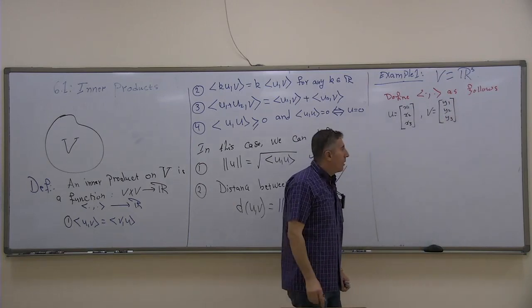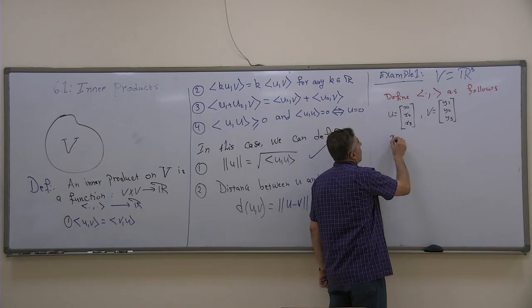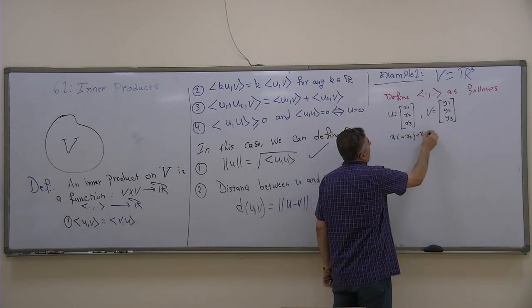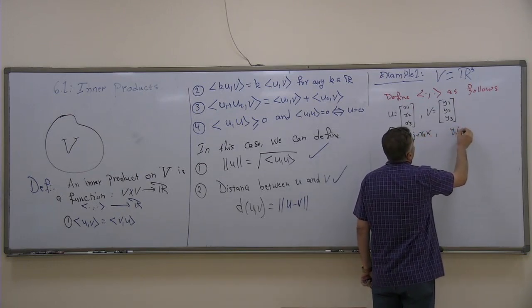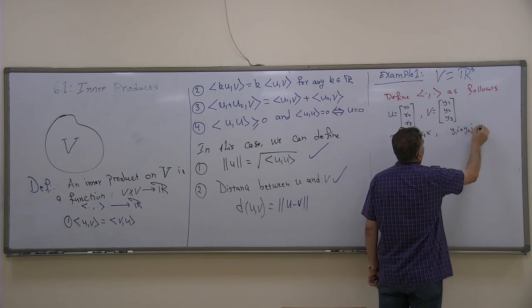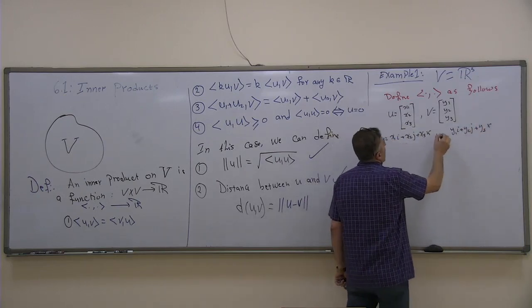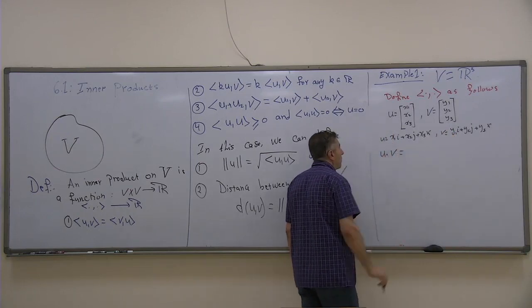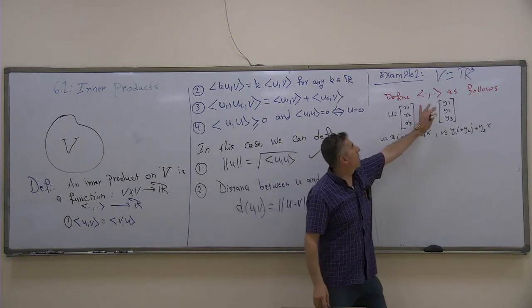So how did you define the inner product between them? Or you can say this is x1i plus x2j plus x3k. And this you can say y1i plus y2j plus y3k. So this is your u, this is your v. So u dot product v. Maybe in your physics courses you talked about only vectors in R2.